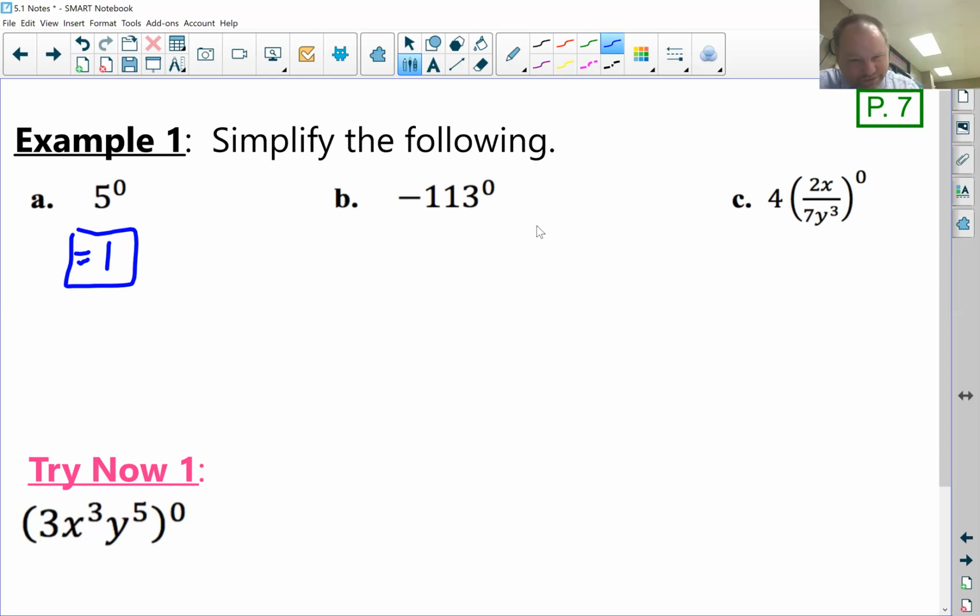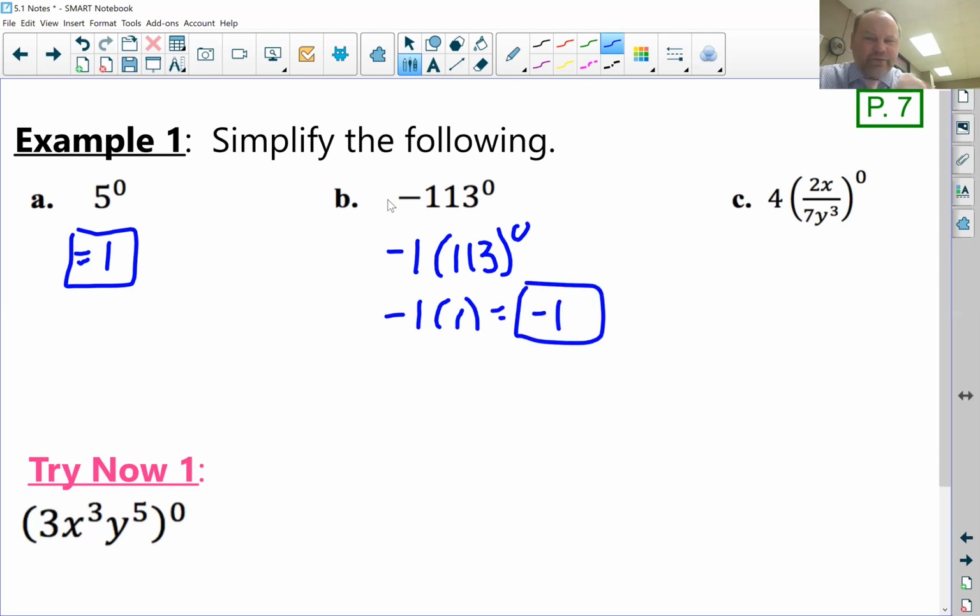What this is really saying is we have negative 1 times 113 to the 0 power. So this is negative 1 times 1. If it's not in parentheses, that negative does not get grouped with the exponent. It's kind of important to remember.